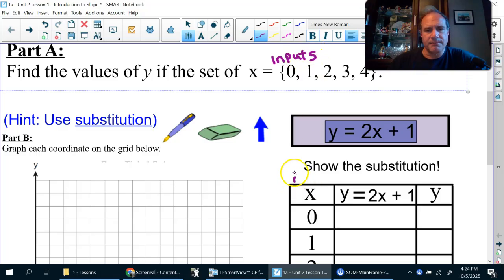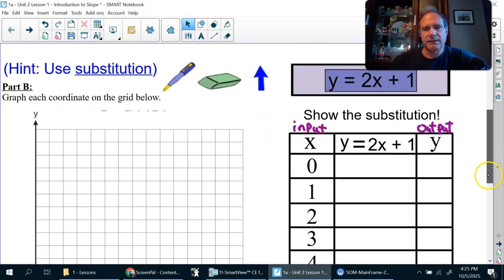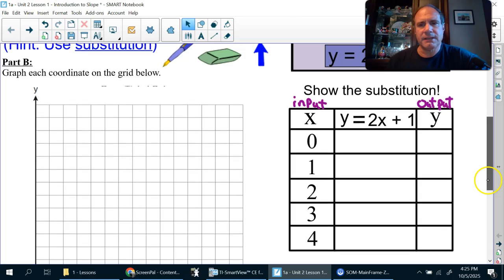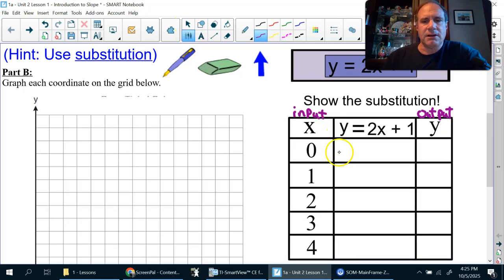So we're going to put input on the top of x and output on the top of y. So you input the x value into the equation and substitute in for the x, and then you will get an output in the form of y.